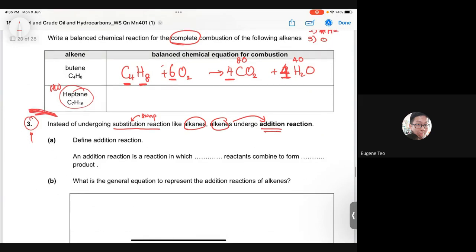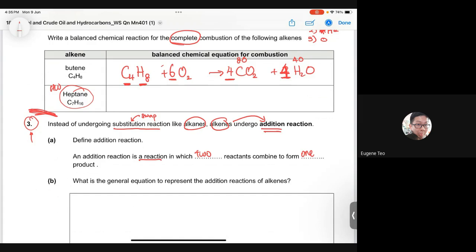So if I add things together, I will have at the end one product. In terms of definition, an addition reaction is a reaction in which two reactants combine to form one single product. It's kind of like I have a blank space, then I add the thing in.